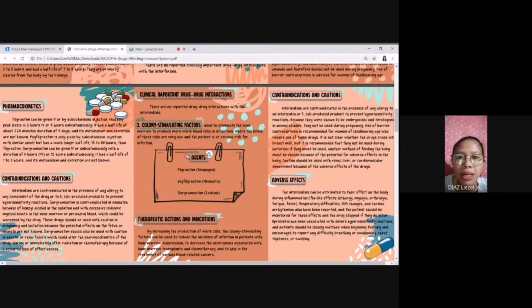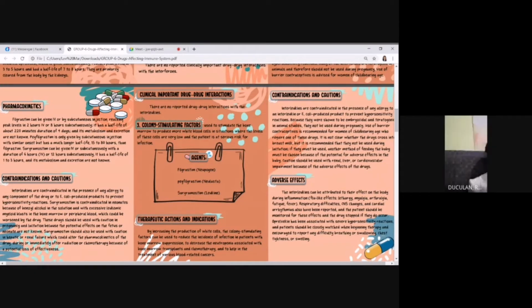Pegfilgrastim is only given by subcutaneous injection with similar onset but has a much longer half-life, 15 to 80 hours, than filgrastim. Sargramostim can be given IV or subcutaneously with a duration of 6 hours IV or 12 hours subcutaneously. It has a half-life of 1 to 3 hours and its metabolism and excretion are not known.